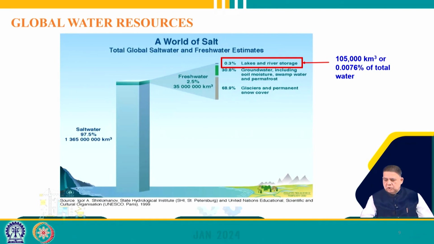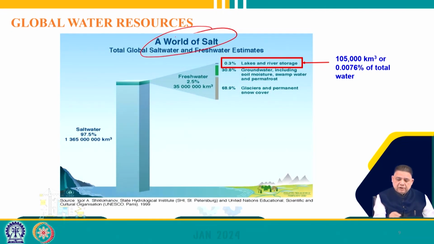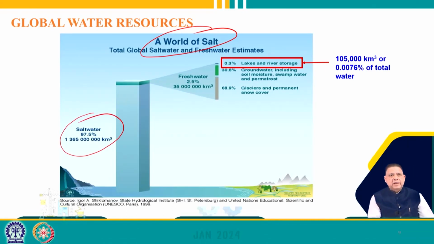Now, coming to global water resources, as we all know, we basically live in a world of salt. That is simply because around 97.5% of water which we have on the earth is in the form of salt water, and only 2.5% of water is fresh water.